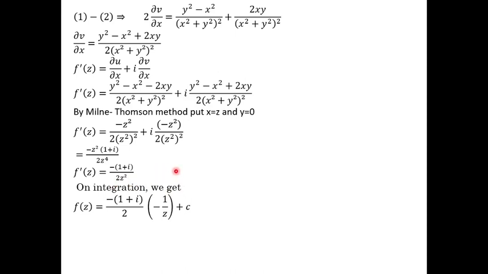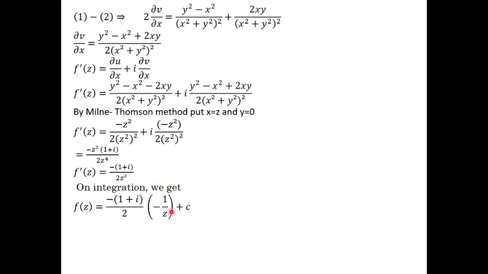What do we get? Integration of z to the power of minus 2. What is the integration of x to the power of n? X to the power of n plus 1 divided by n plus 1. Therefore, (minus 2 plus 1) whole divided by (minus 2 plus 1). That is z to the power of minus 1 divided by minus 1. That can be written as minus 1 by z plus integration constant.